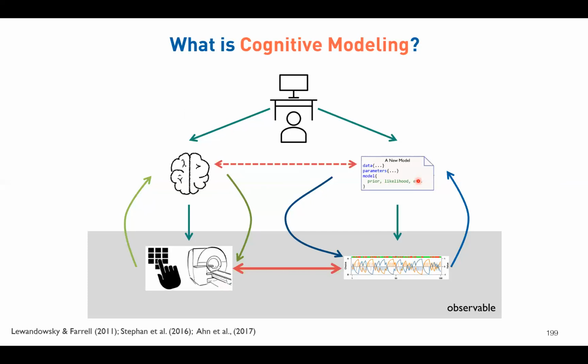Then we can use the script to make predictions, and compare the model predicted behavior versus the real behavior we observed from the participants. If the predicted behavior matches the real behavior, we could say this cognitive model is a good approximation to what might be happening in the brain when the participants are doing the task, okay? So this is the idea of cognitive modeling.